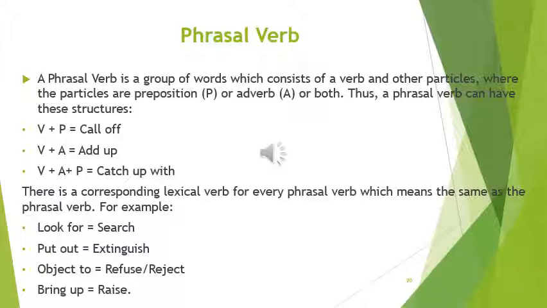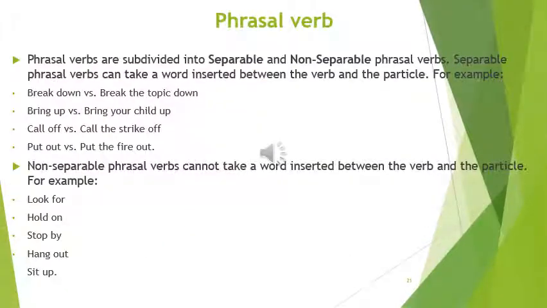A phrasal verb consists of 2 or 3 words from different grammatical categories. There is a corresponding lexical verb for every phrasal verb, which means the same as the phrasal verb. For example, look for means to search for something, put out means to extinguish, and bring up means to raise.